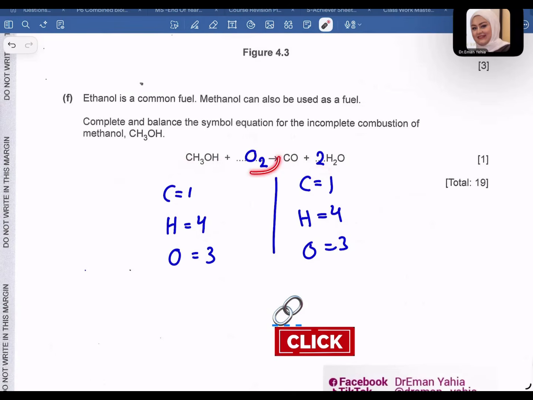And then add O2. This is the methanol reactant, O2. And then calculate how many oxygens in the reactant should be in the product. So 2 multiplied by 1 is 2, plus 1, 3. So O2 plus the 1 already in.